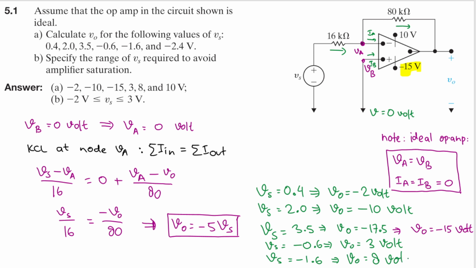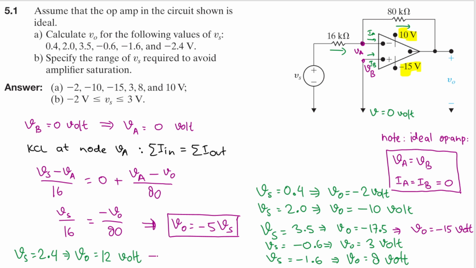Yeah, volt. And then when Vs is 2.4, we will have V0 here as 2.4 multiplied by 5. That will be 12 volt. However, we will have the maximum value here, which is 10 volt.